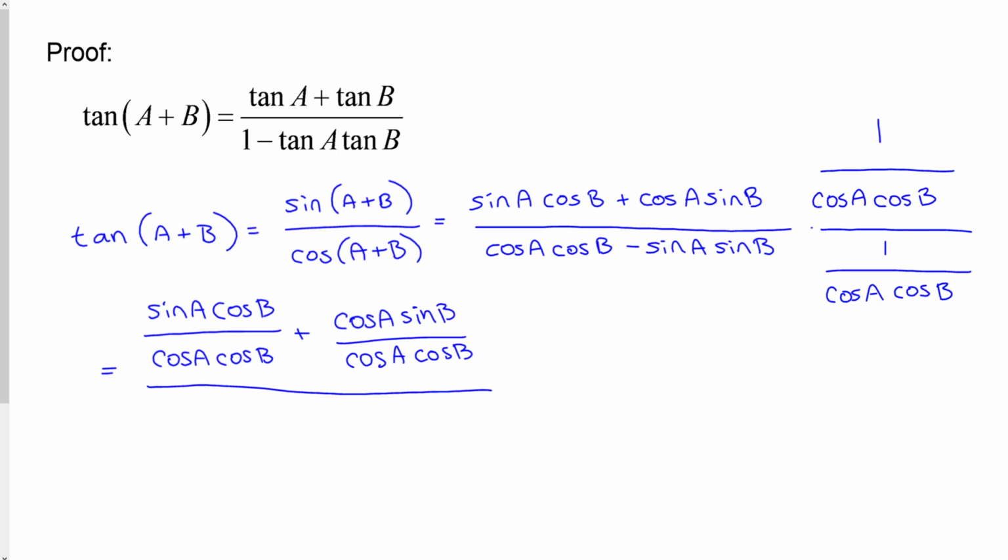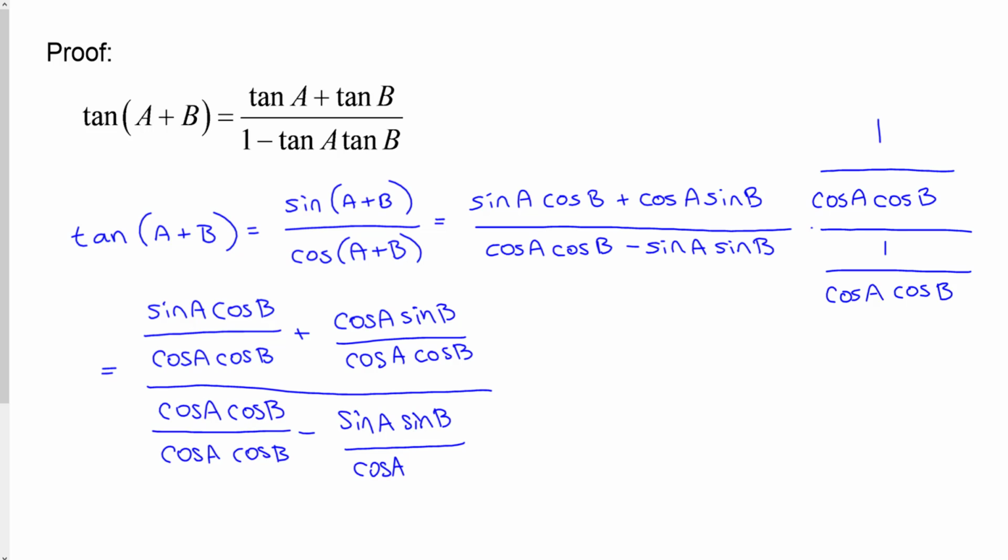That's the numerator now. The denominator looks like cosine A cosine B over cosine A cosine B minus sine A sine B over cosine A cosine B.